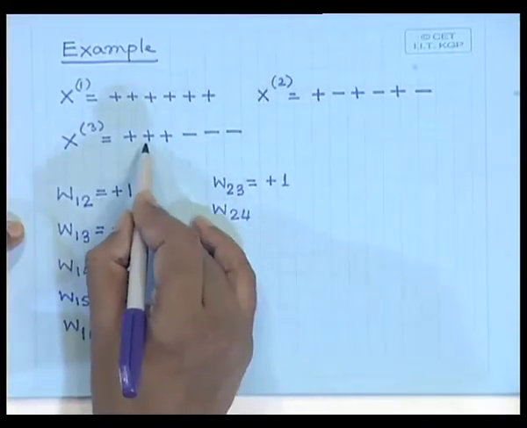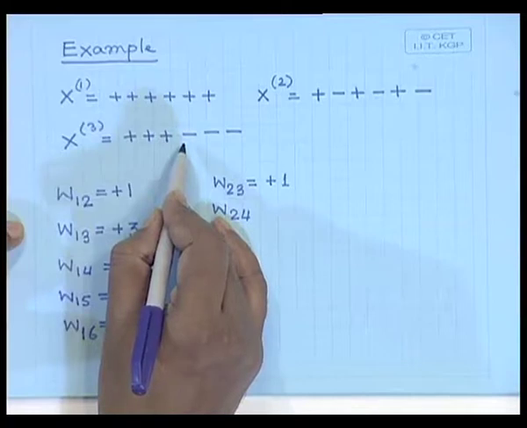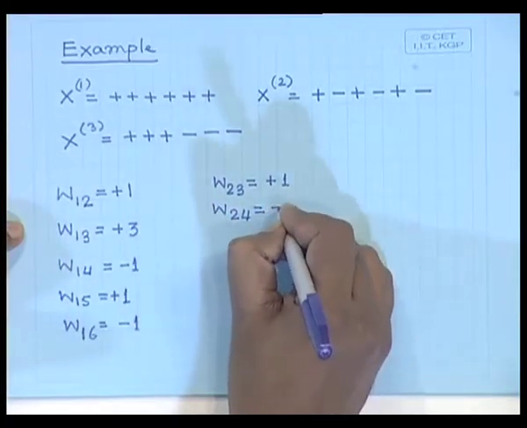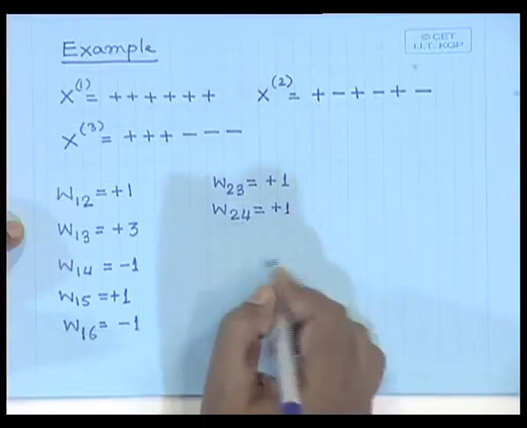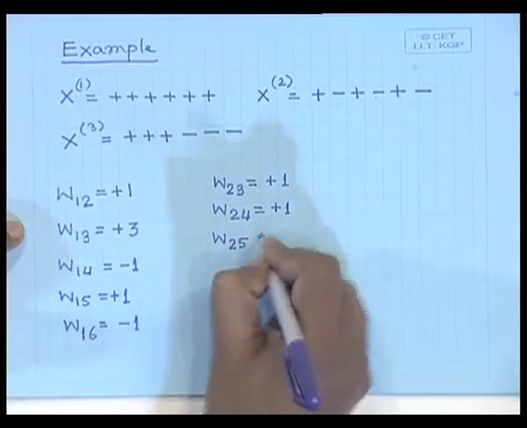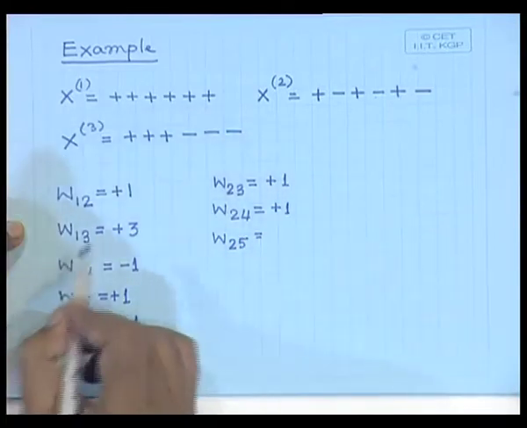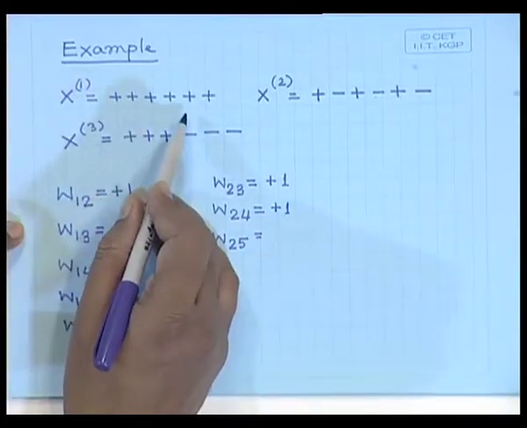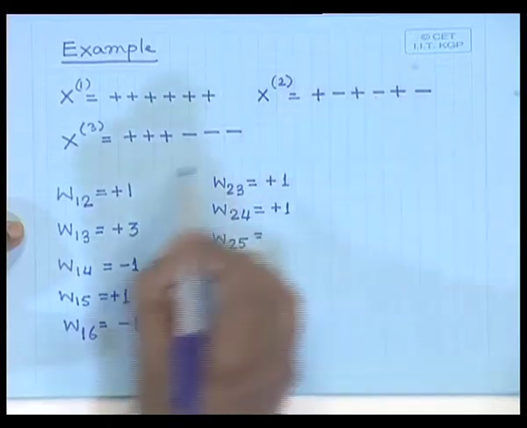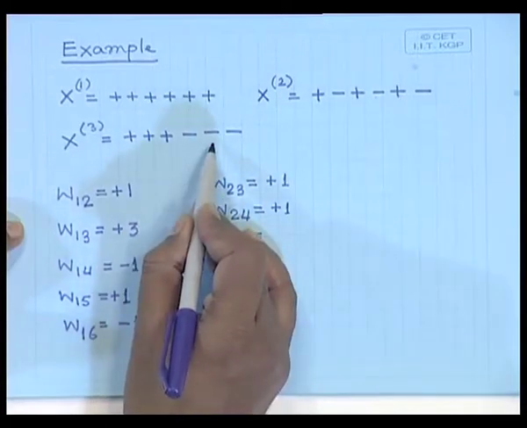Here it is minus 1. So, that gives me W24 also equal to plus 1. Similarly, W25, second bit and fifth bit, plus 1 here, minus 1 here, minus 1 here.